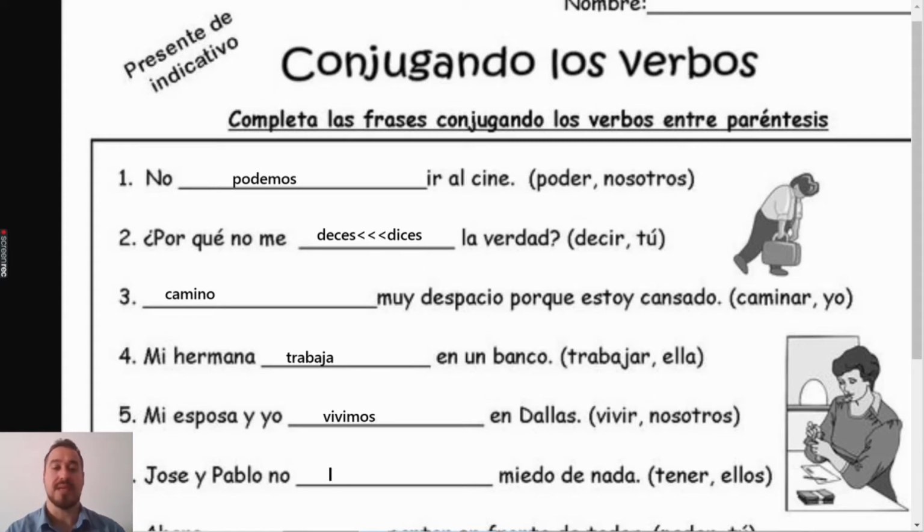Number 6. José y Pablo no tienen miedo. So, tener miedo means to be afraid, literally to have fear. I'll talk about that in the future as well. There are a few expressions where in Spanish you're going to use a different verb. So in this case, tienen.